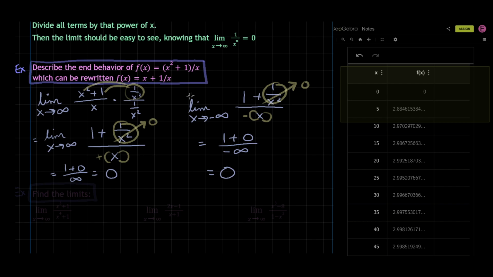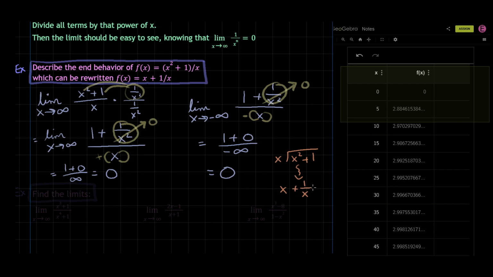Okay, so why did I want to write it in this way instead? Think back to your pre-calc, doing polynomial long division. Doing this process, this is what you get, x plus 1 over x.